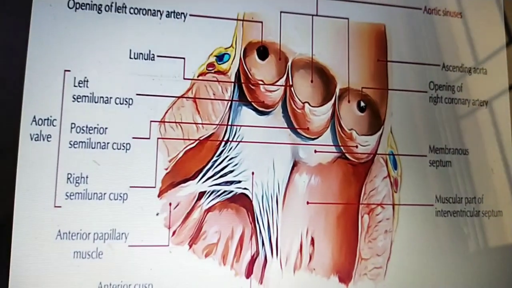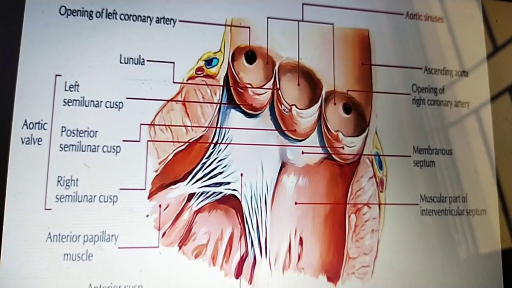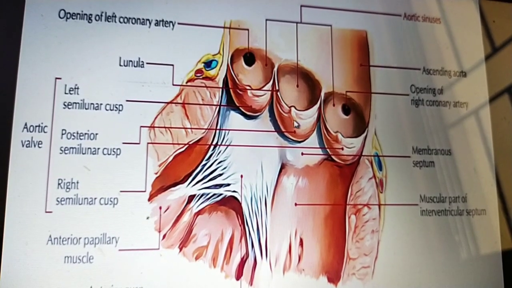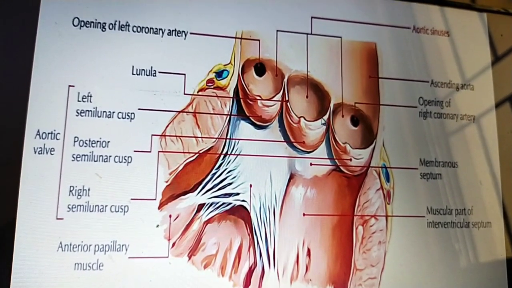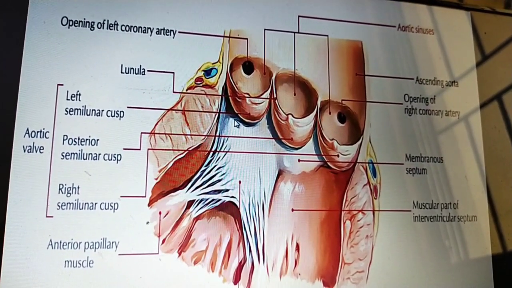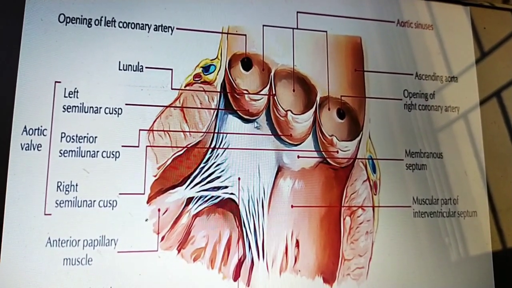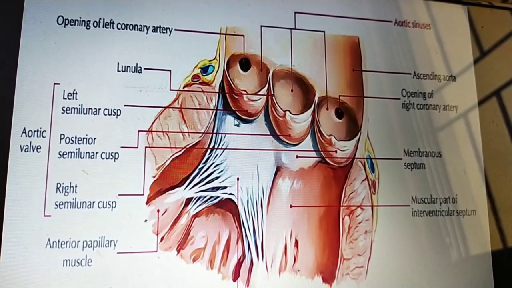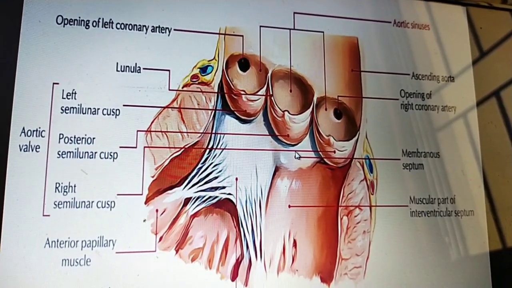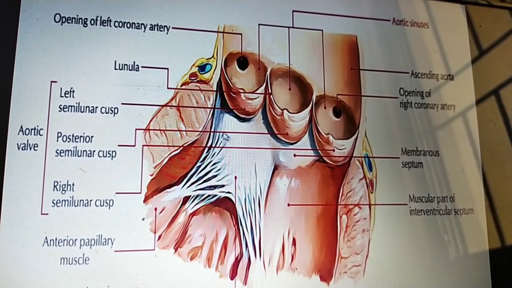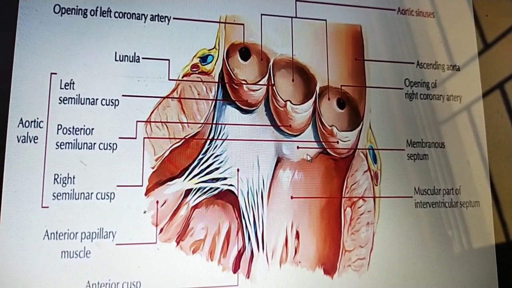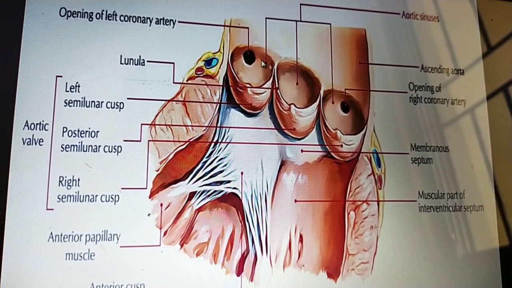These are nothing but the semilunar valves, or leaflets or cusps of the valve. These leaflets are held by a ring-like structure at the orifice of the corresponding artery. That fibrous ring-like structure is called the aortic annulus or annular ring.